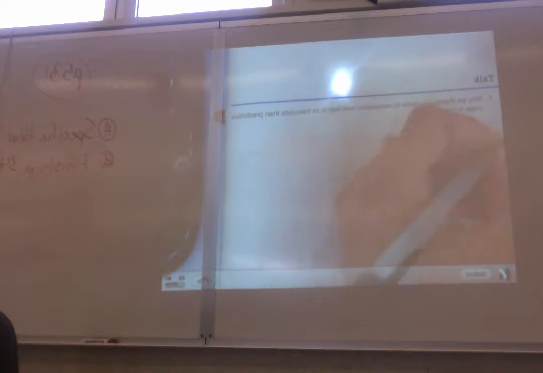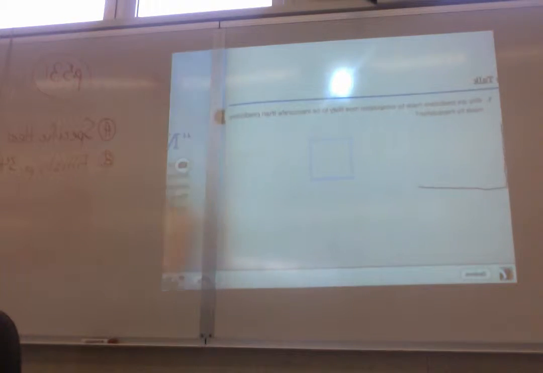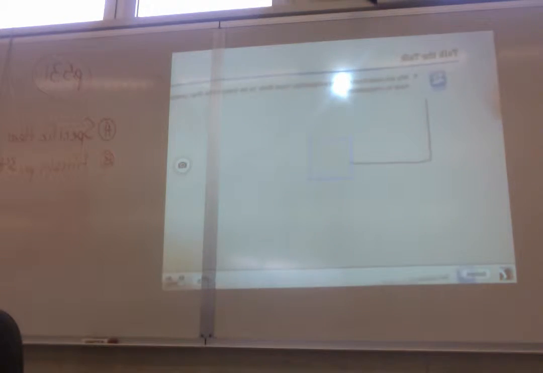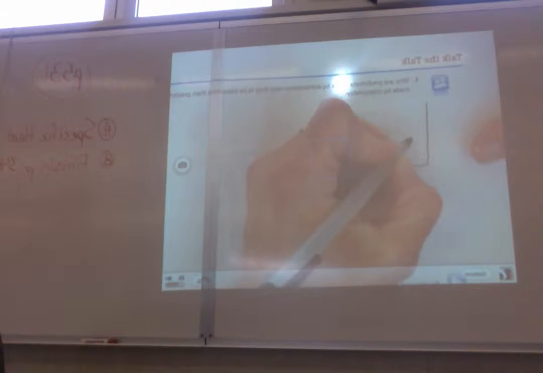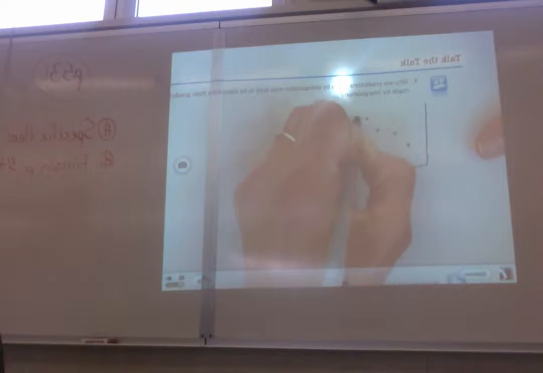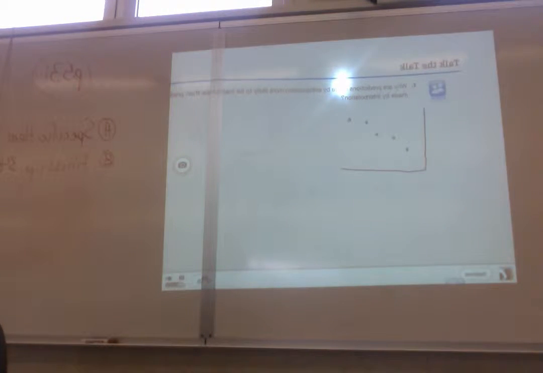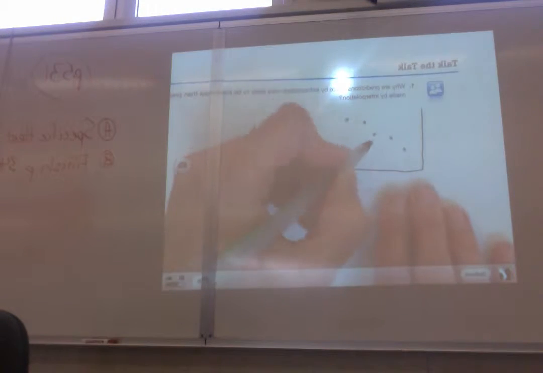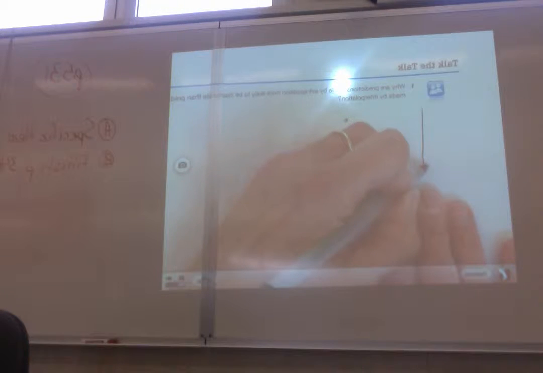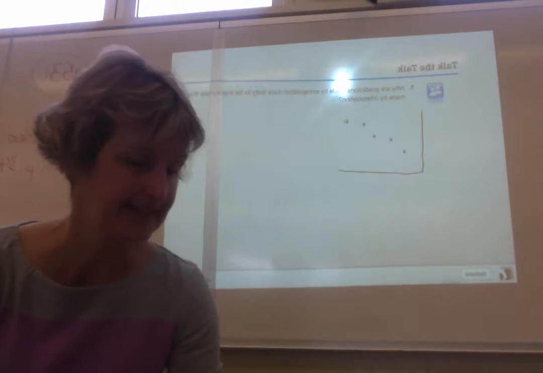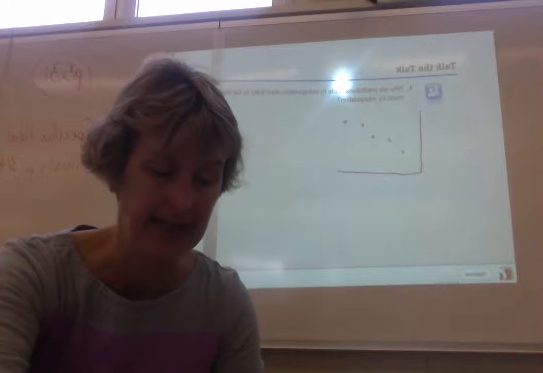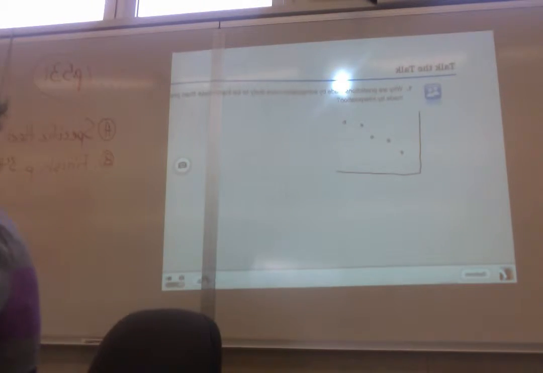Okay, so I'm going to make a sketch to remind us kind of what those two words mean. We looked at this a little bit yesterday. If we were looking at our data, it's an increasing function, and you'd probably see dots like this. What our linear regression line does is take and put a line through those dots.